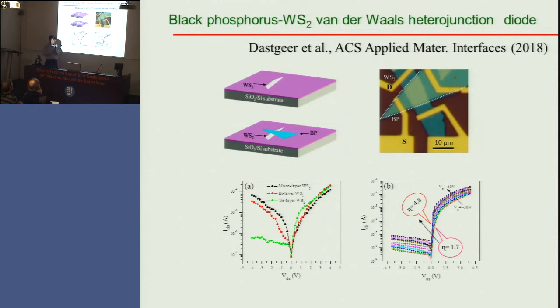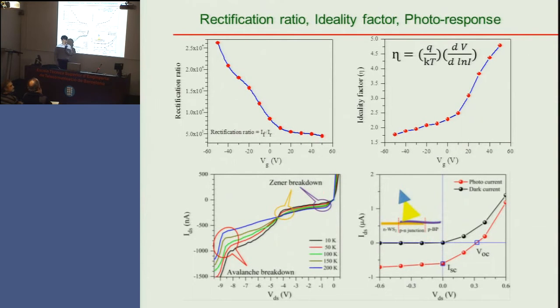There are so many examples. And the property of this material also shows conventional PN junction behavior, like Zener diode breakdown, and also avalanche breakdown, when they apply quite high reverse bias.